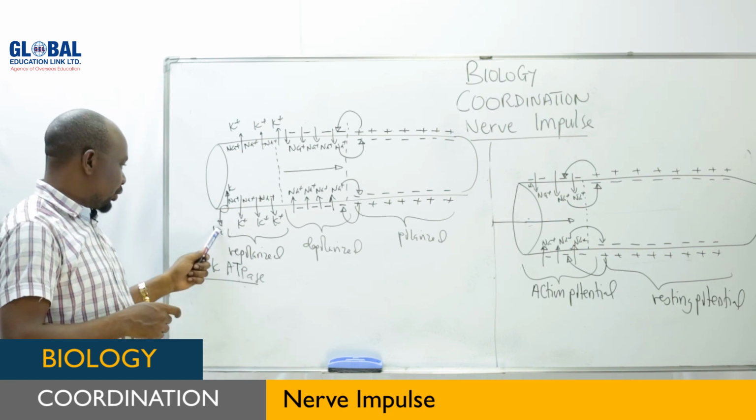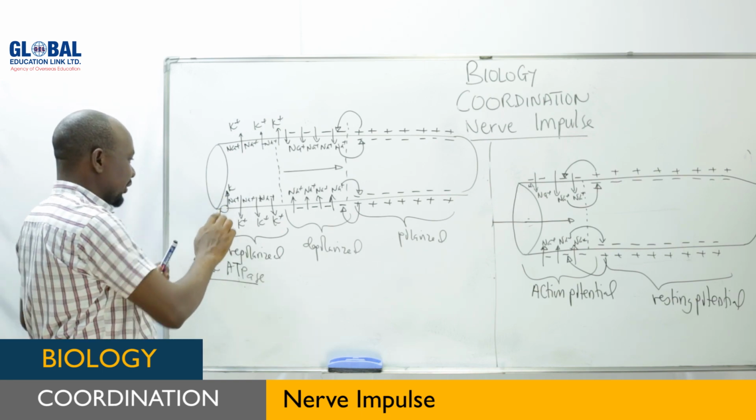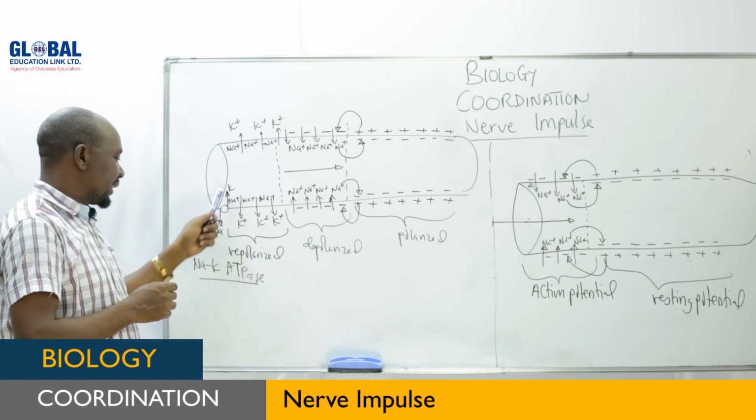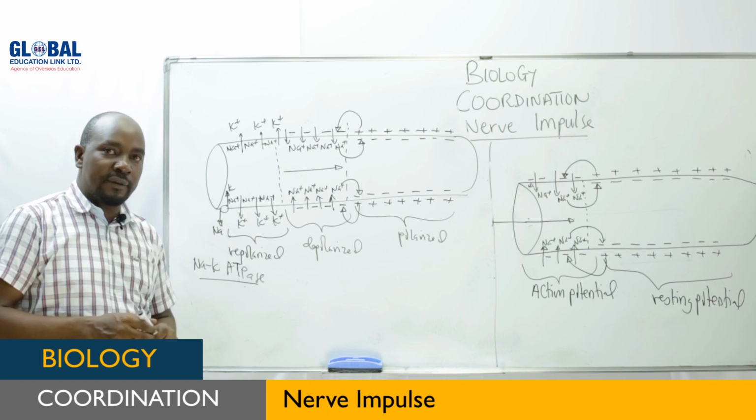That is, the sodium-potassium pump on the surface of the axon membrane is activated by the sodium-potassium ATPase enzyme.